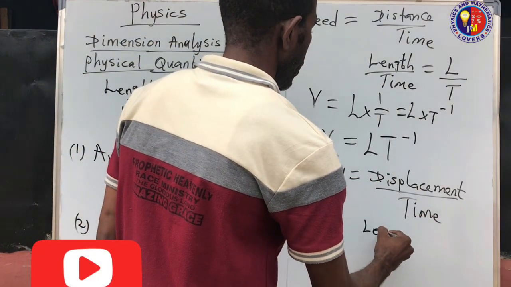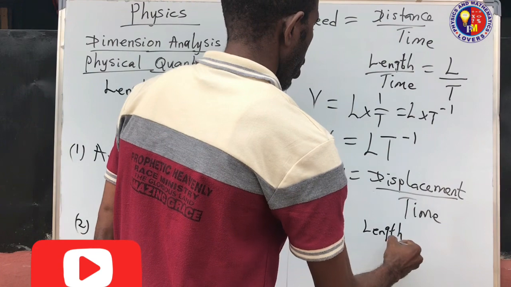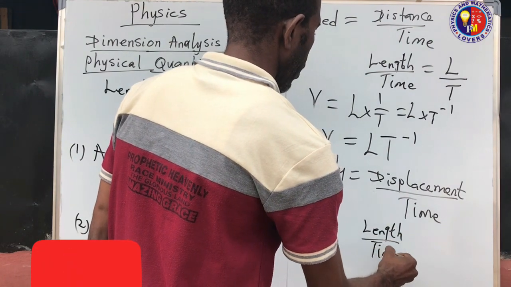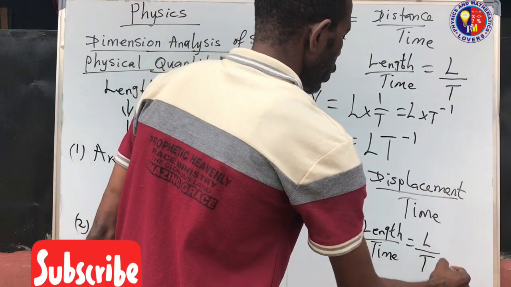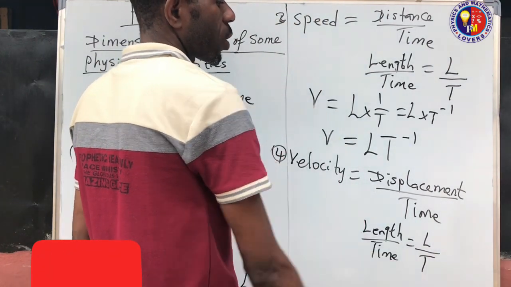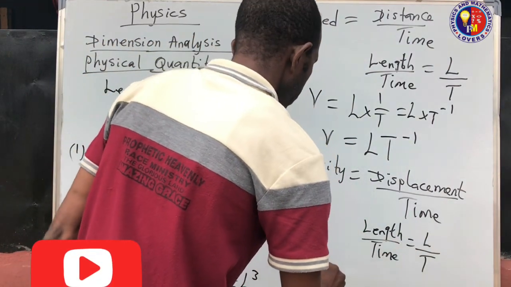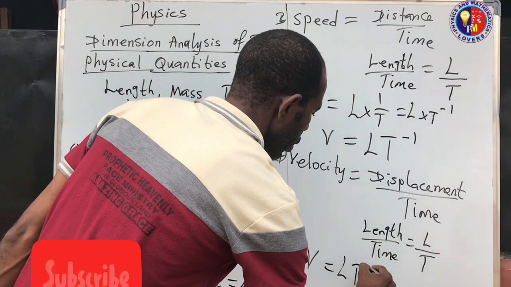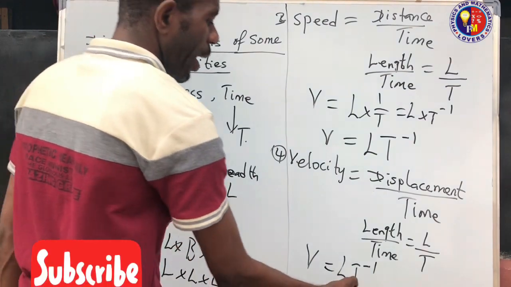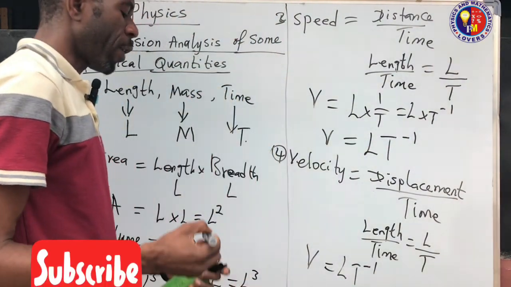We can also say length all over time, so L all over T. The dimension of time is denoted as T. So at the end of the day, we are still going to have velocity equal to L T raised to power minus 1. This is the dimension of velocity.